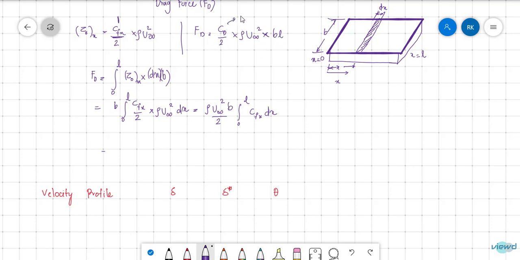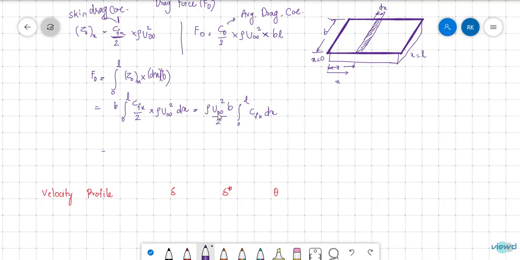This is called the average drag coefficient, and this is called the skin drag coefficient. So skin drag coefficient means at a particular point of x there is a different Cfx, and for the total plate there is the average drag coefficient, that is CD.